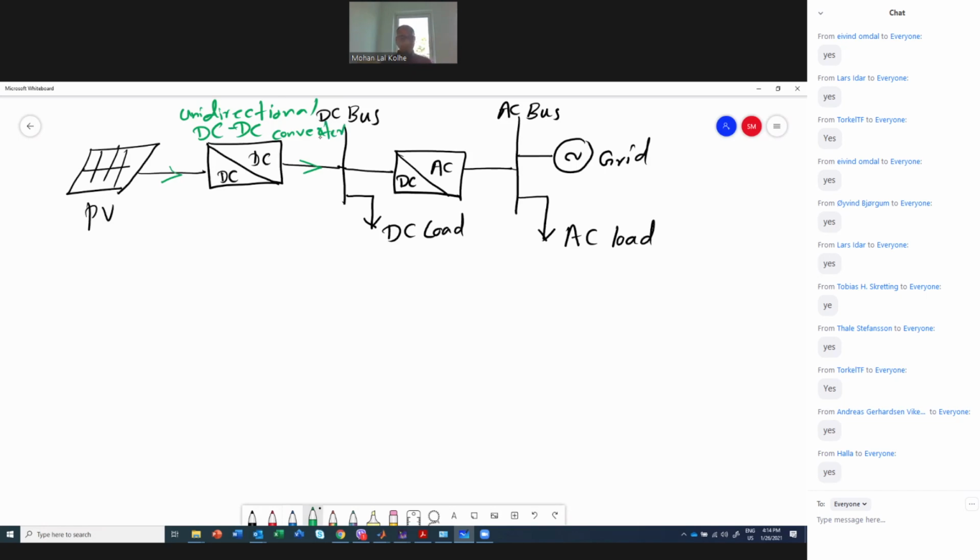So here, power flow can be in this direction, and also in this direction as well, because from the grid, power can flow to the DC load as well. Therefore, through the inverter, power can flow in this direction and also in this direction. So here you should note the power flow in both directions.